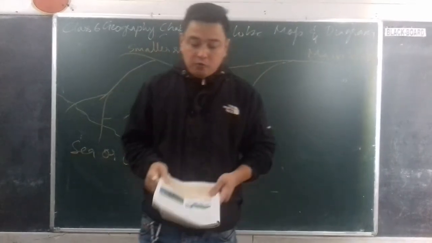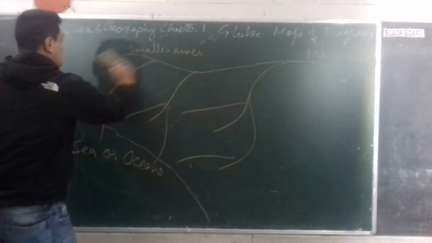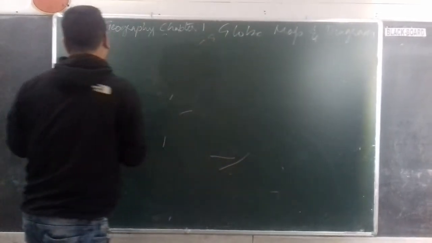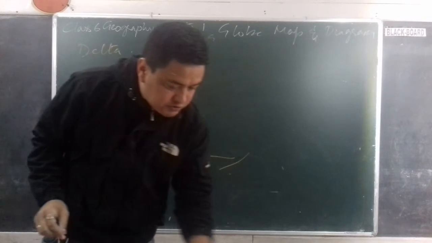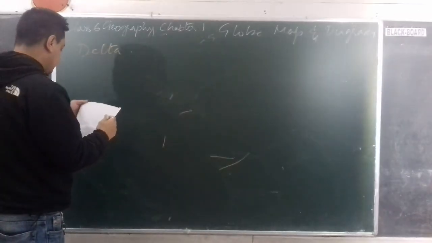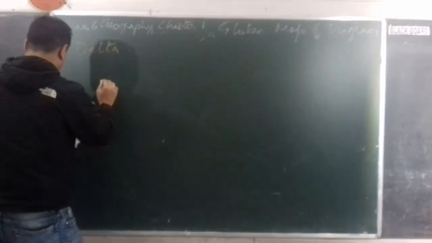Now we are moving on to delta, D-E-L-T-A. Now I am going to draw a diagram of a delta, which I'll also draw in the third chapter, the same diagram, in order to teach you, but I am drawing here also.